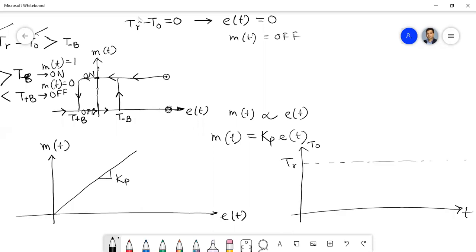Yes, sir. Okay. So let me see. Panchali Vishwas, can you tell me what type of T0 curve I will get in this case with a proportional controller? পারবে?